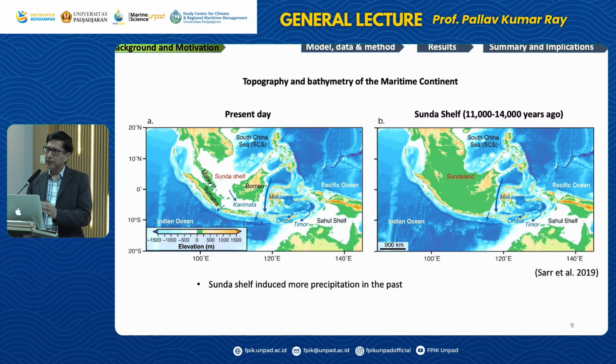And because the precipitation was so much stronger, all the forests in the maritime continent used to be much more dense, and the trees used to be much taller than what you see now. Okay, so it's a very interesting idea.